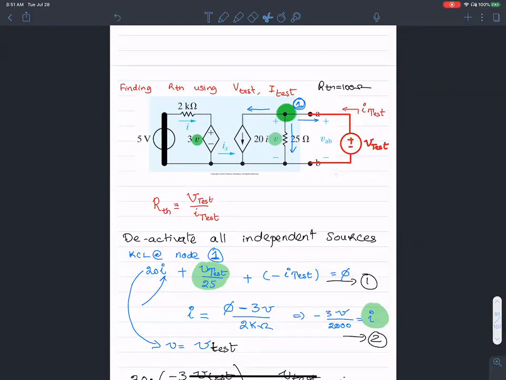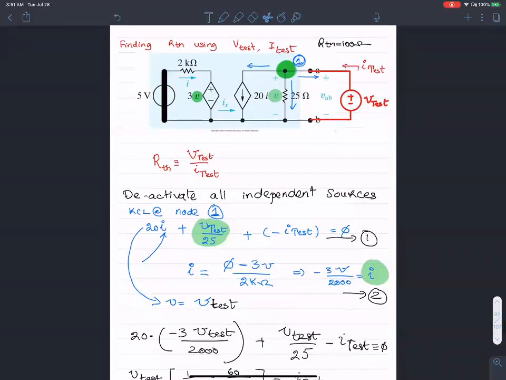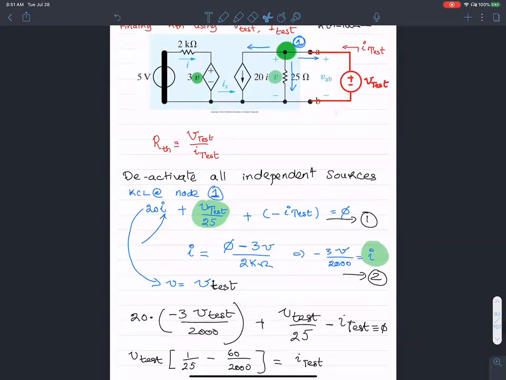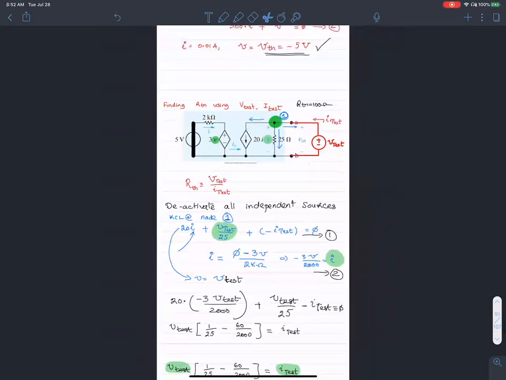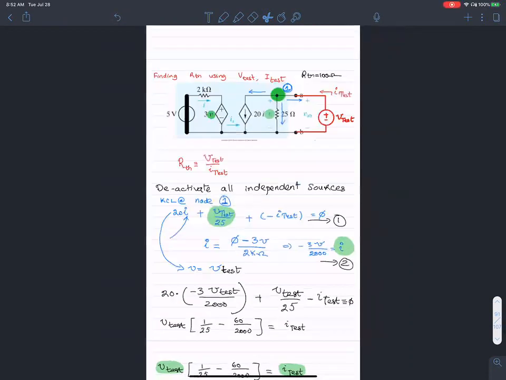Okay, 20I plus V test over 25. That's one equation. The second equation comes from the left-hand side, where I is 0 minus 3 volts by 2K. So you set up two equations. There are three unknowns here, so two equations won't be enough.